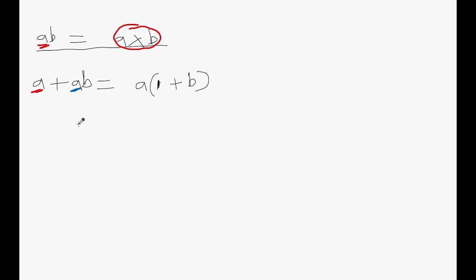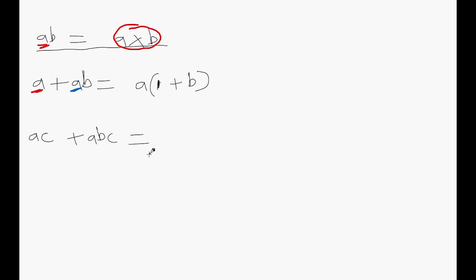Okay, we can take this a step further. Let's say we have AC plus ABC. Of course you can see that it's similar to that. All I did was multiply this term A by C and multiply this term AB by C also. In order to factorize this, we would use the same principle.